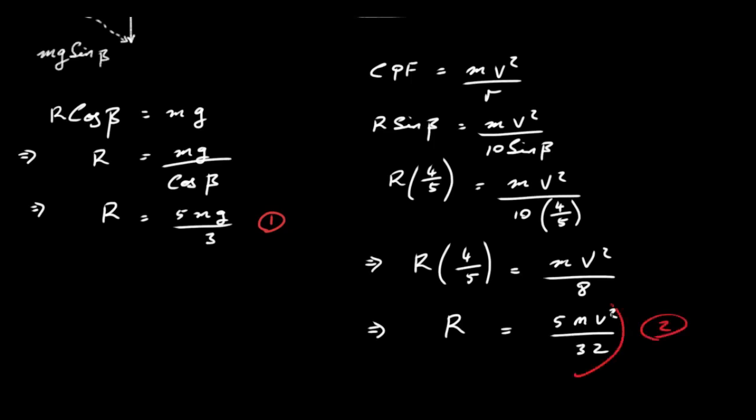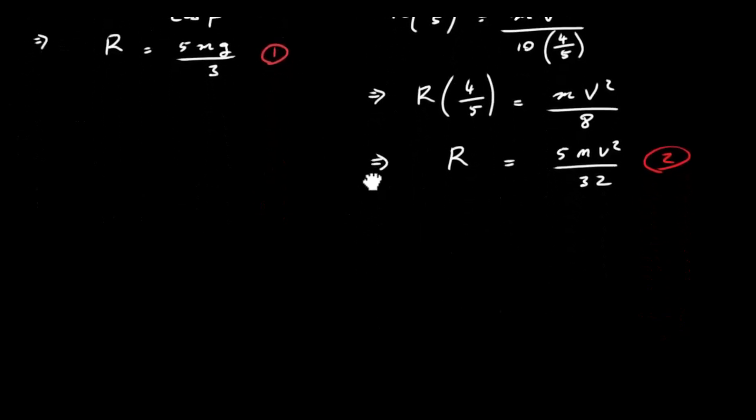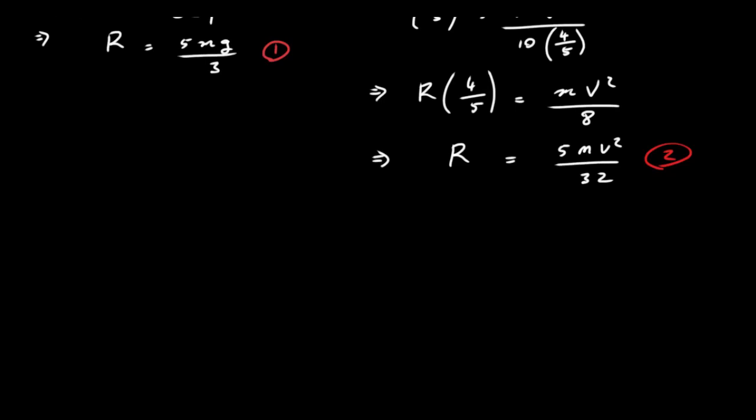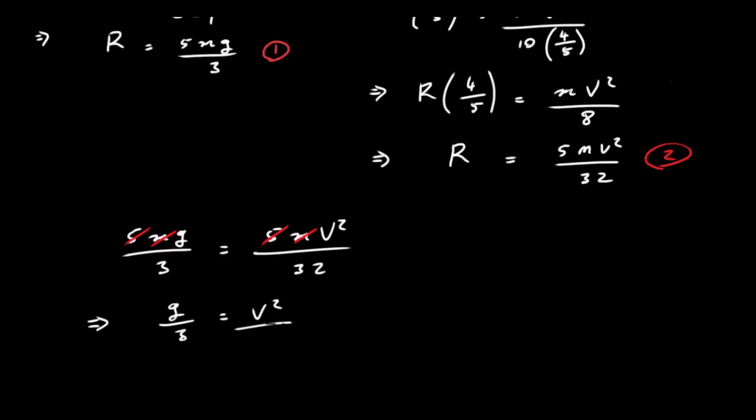So now we have OR equal to this thing, OR equal to this thing, so I'm going to let those two equal to each other and solve for v. Let's do that down here. So we have 5mg over 3 is equal to 5mv squared over 32. We can see that on the left and right hand side we have a 5m and a 5m. So that leaves us with g over 3 is equal to v squared over 32.